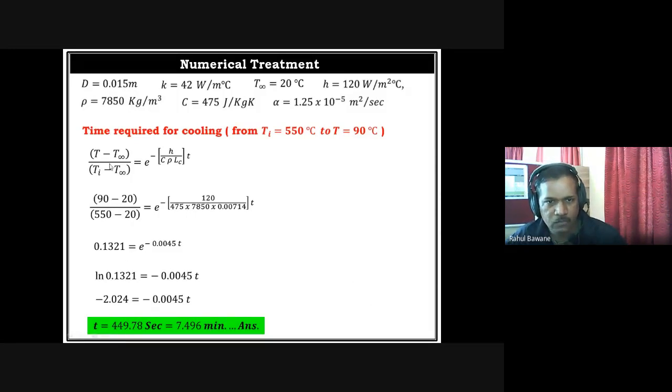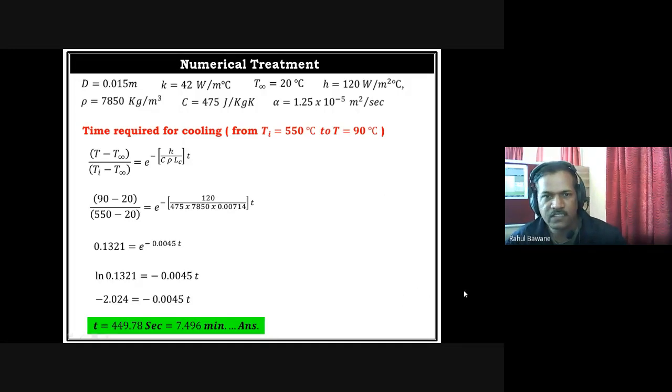So the answer of the first is 7.496 minutes. So this much time is required when a 550 degree centigrade sphere is dipped or exposed into the surrounding of 20 degree centigrade. Then after this much time it will reach 90 degree centigrade temperature.